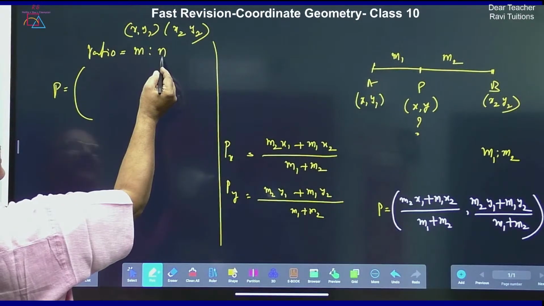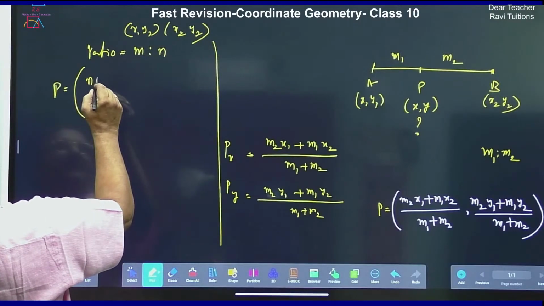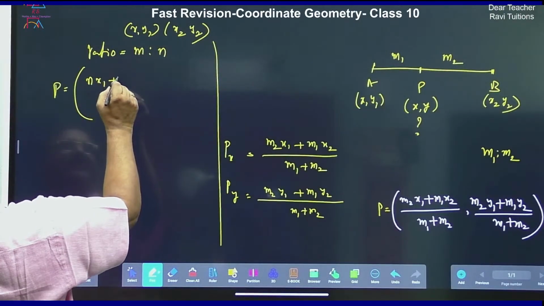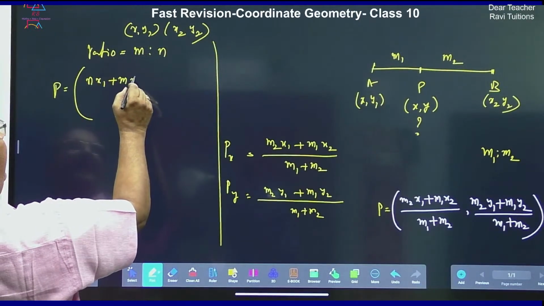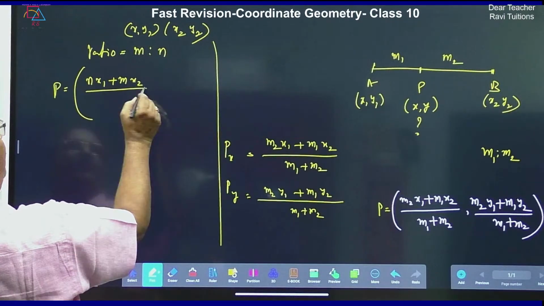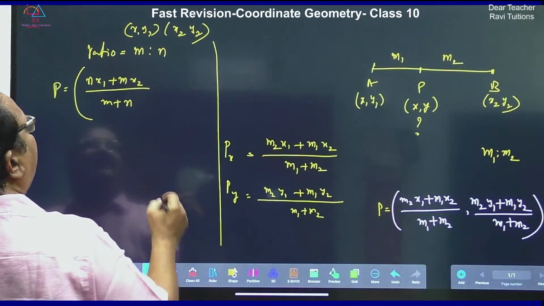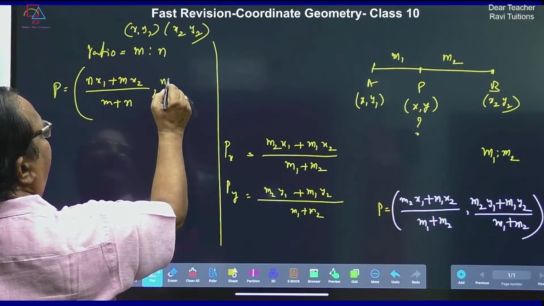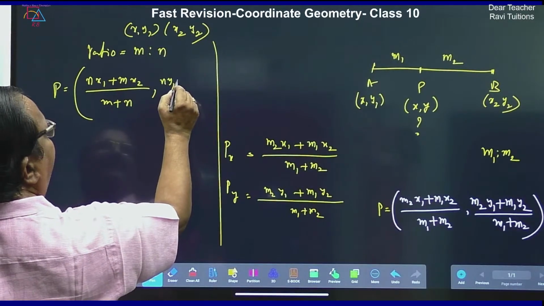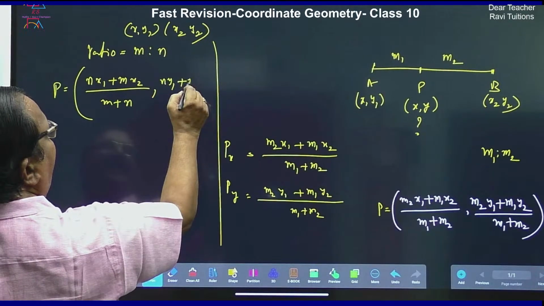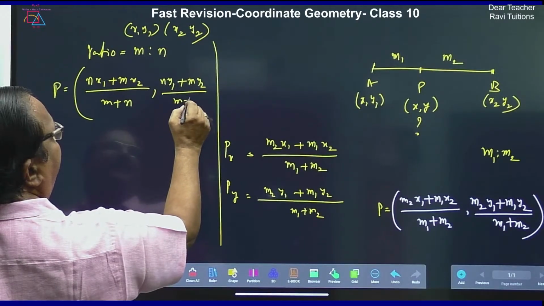Second part of the ratio, n x1 plus m x2 by m plus n, comma, n y1 plus m y2 by m plus n.